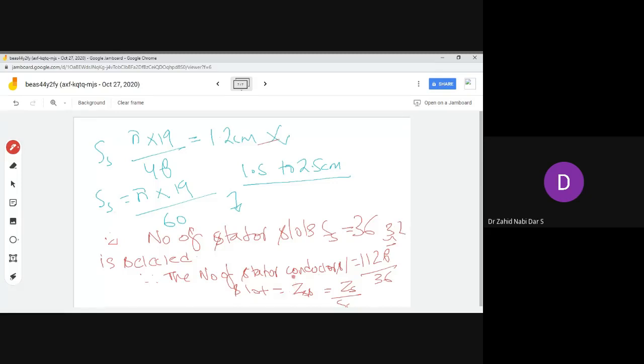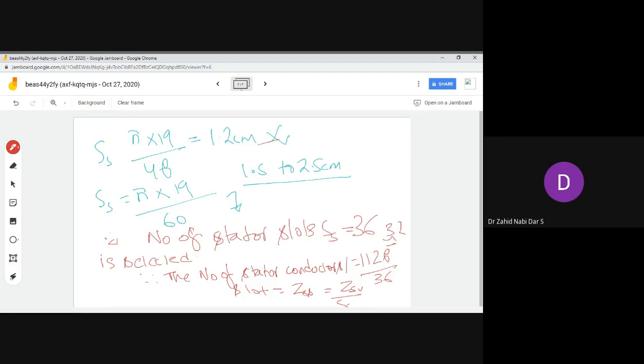If you want to verify the calculations you have made, this is the theoretical calculation. The actual number of stator conductors, from this very formula, actual ZSS is ZS by SS.